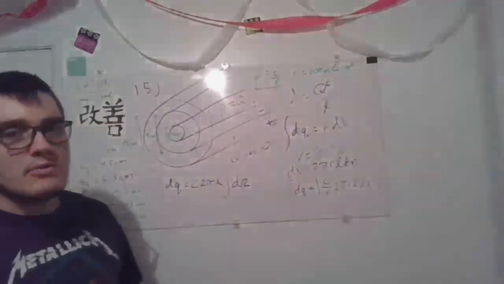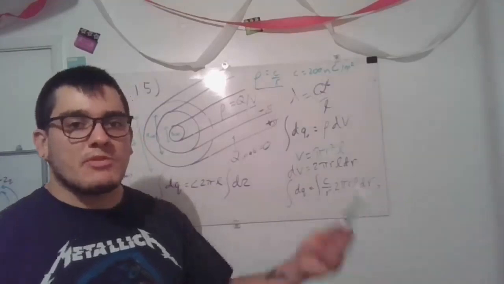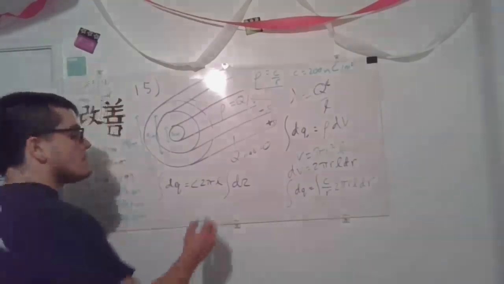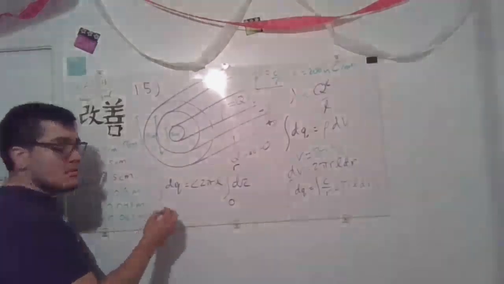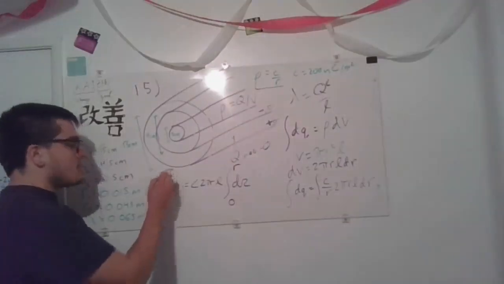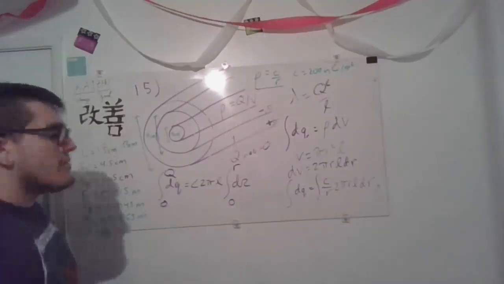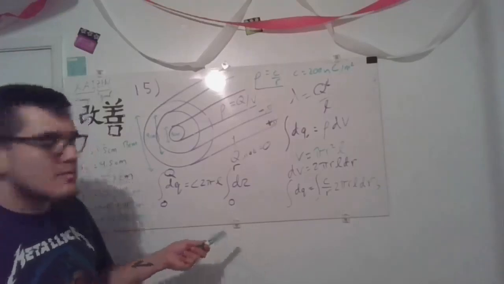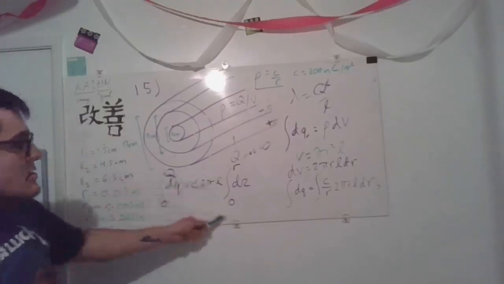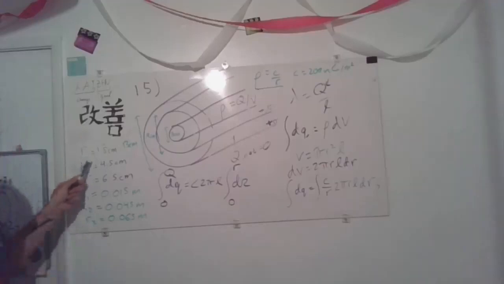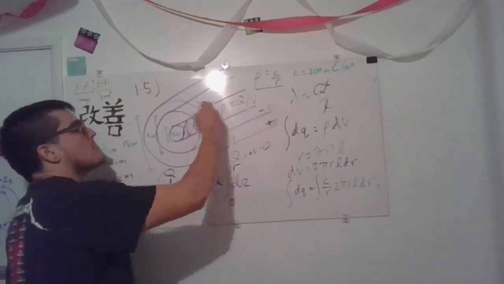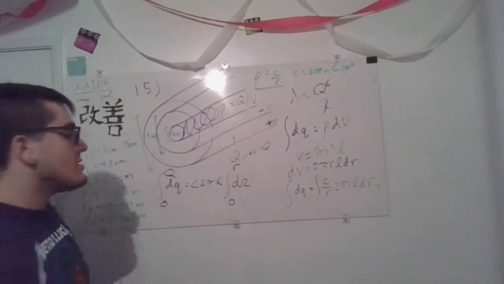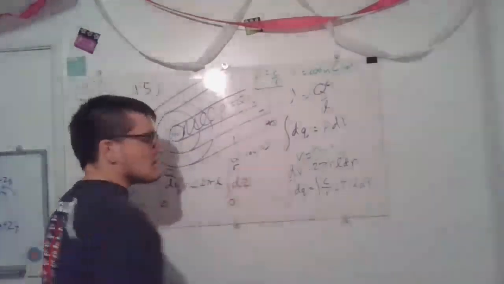And what are going to be my bounds? From 0 to R. And what are these bounds? 0 to Q. Or if you wanted to get really specific about it, it's going to be 0 to R1, because we're just talking about that inner cylinder, right? So R1.